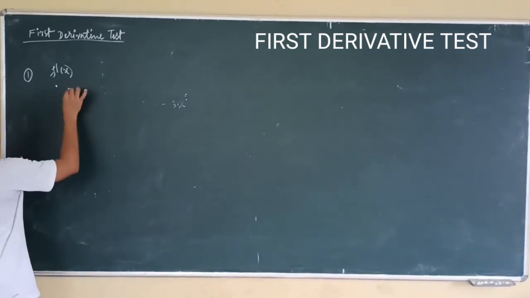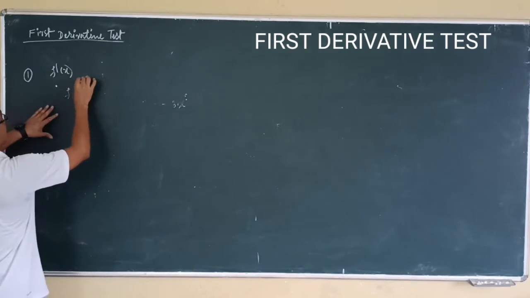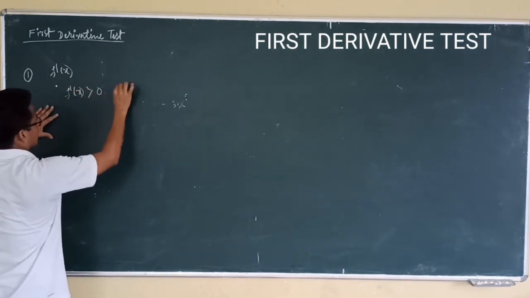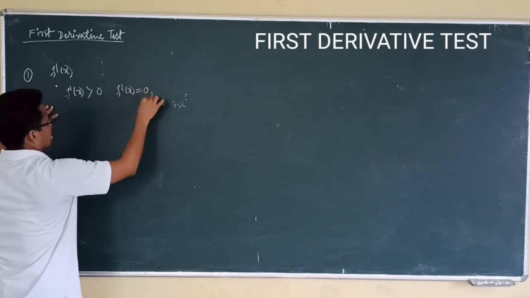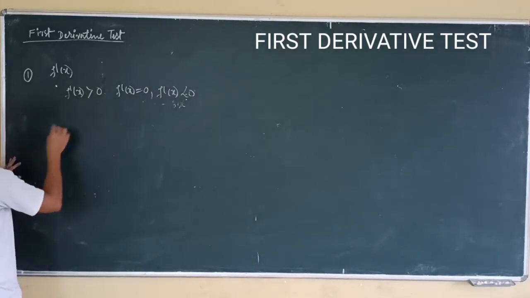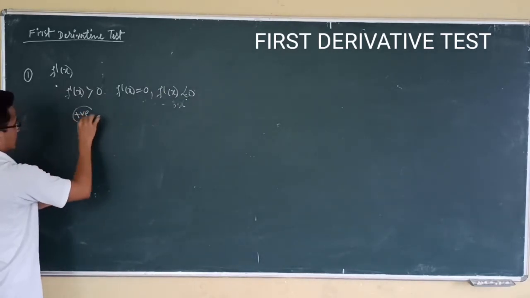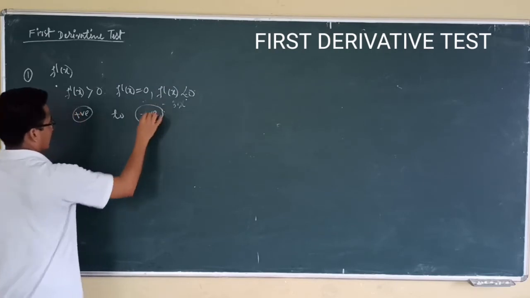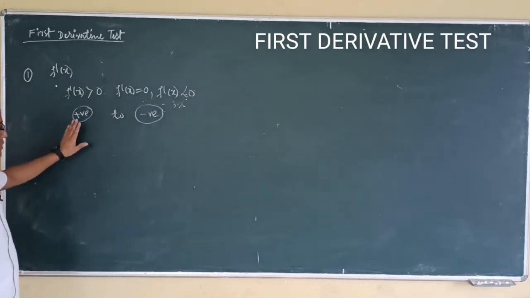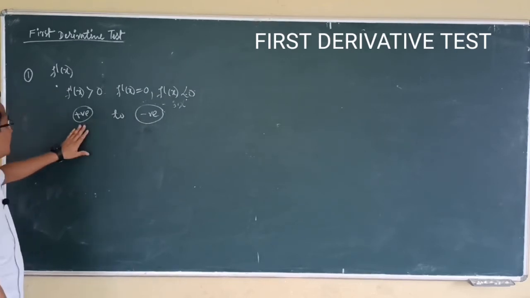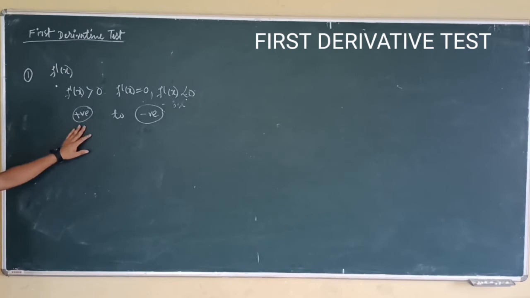So f dash x greater than 0, then f dash x equal to 0, then f dash x less than 0, means positive to negative. If the sign changes from positive to negative, we will get the maximum value of a function.